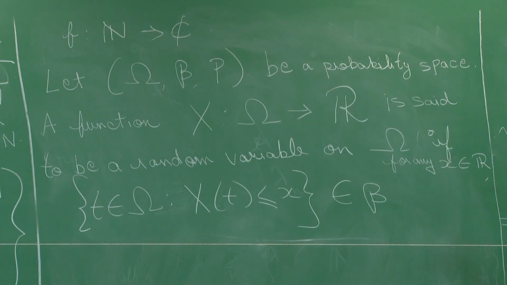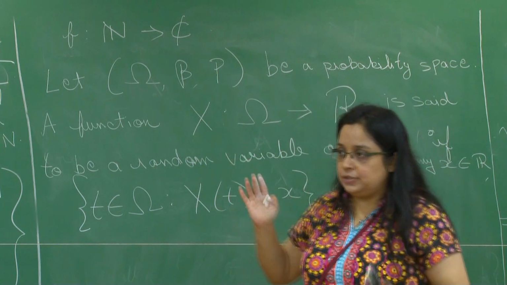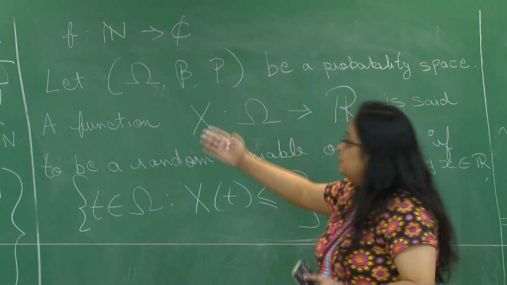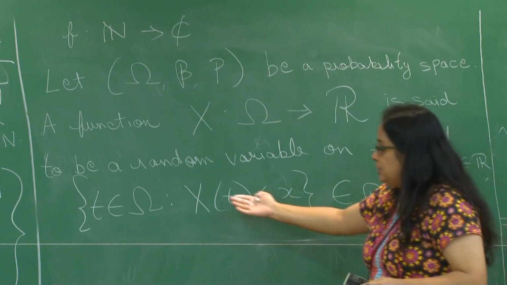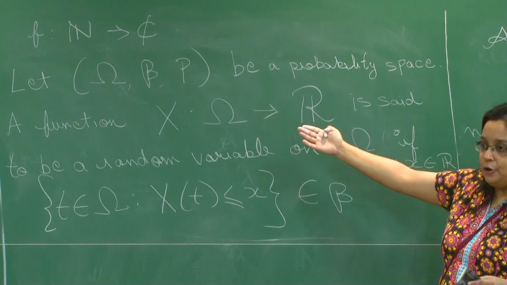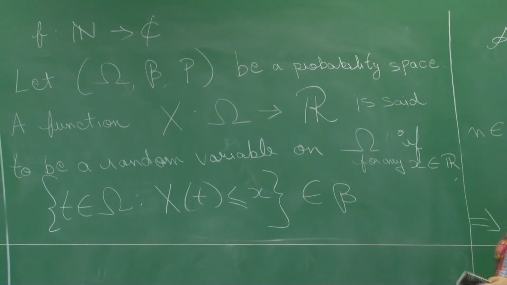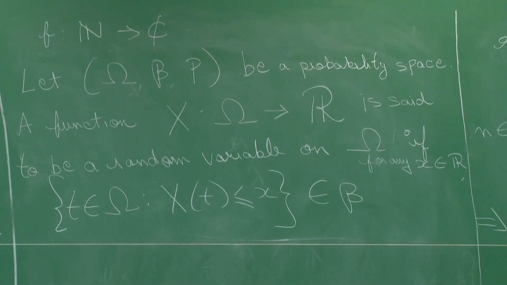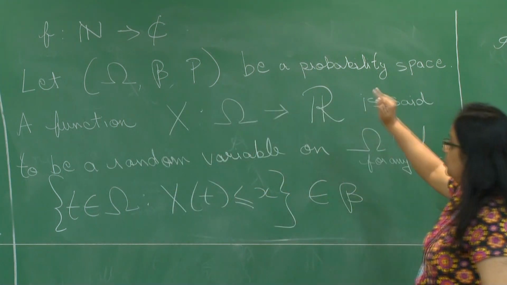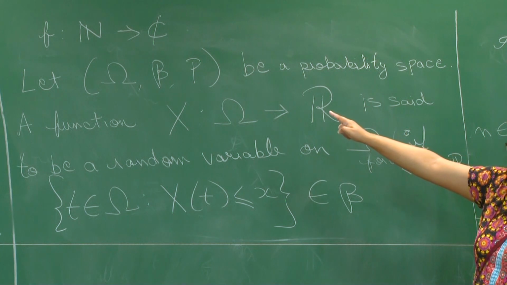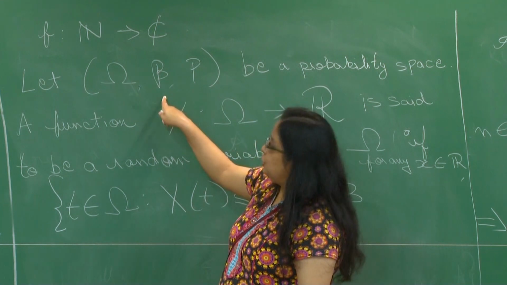Now, in the case when we take omega to be the set of first n natural numbers and the sigma algebra to be the set of all possible subsets, then basically any function on that set will be a random variable, but this is the more general definition. Notice that in the definition of a random variable you do not need the notion of probability. You just need to know your sample space, your omega, and your sigma algebra.